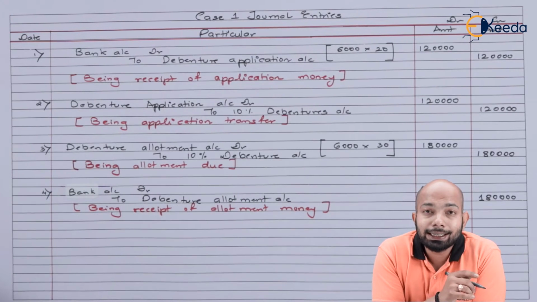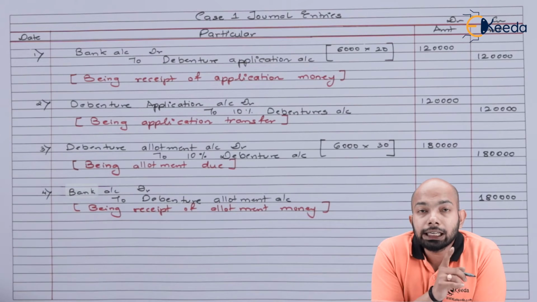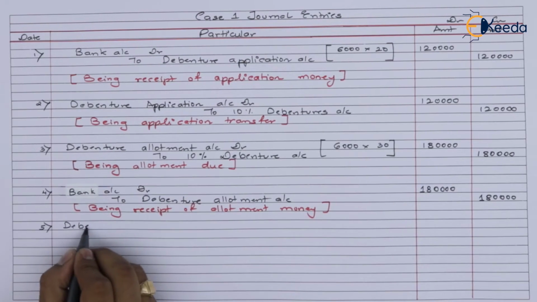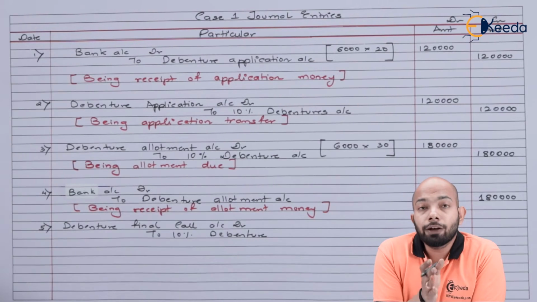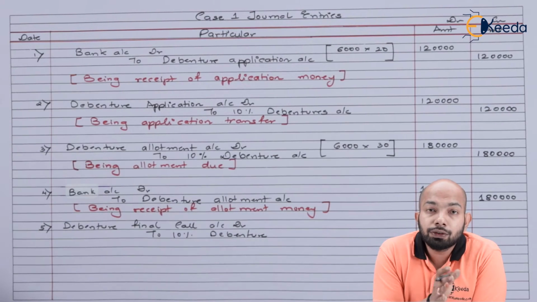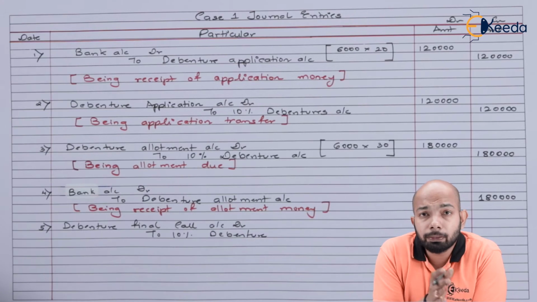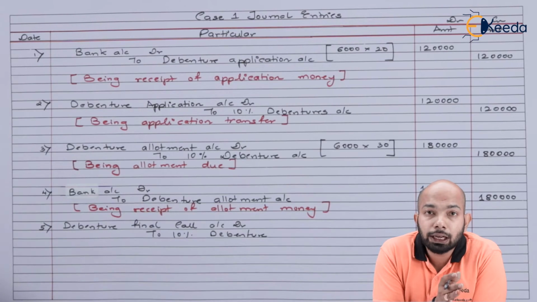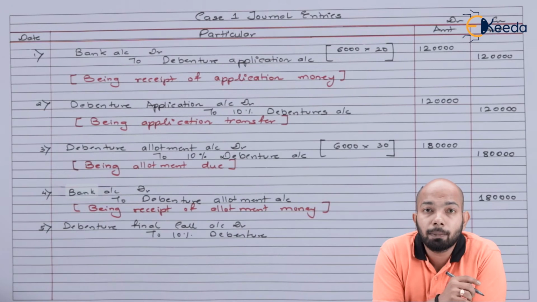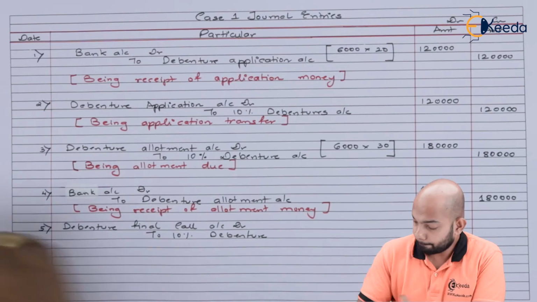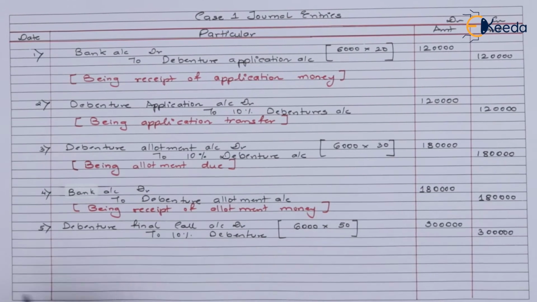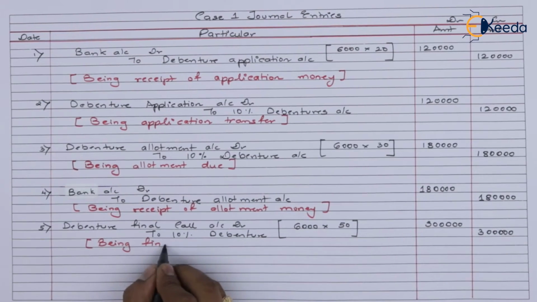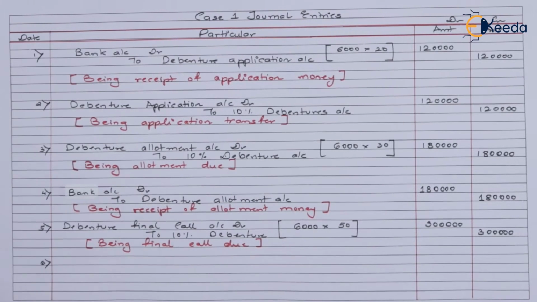Now, the next category is final call due. On final call, the value was 50 rupees per debenture, so we're supposed to take that much per debenture. So 6,000 multiplied by 50 will be the amount that we are expecting here. So debenture final call account debit to 10% debenture.